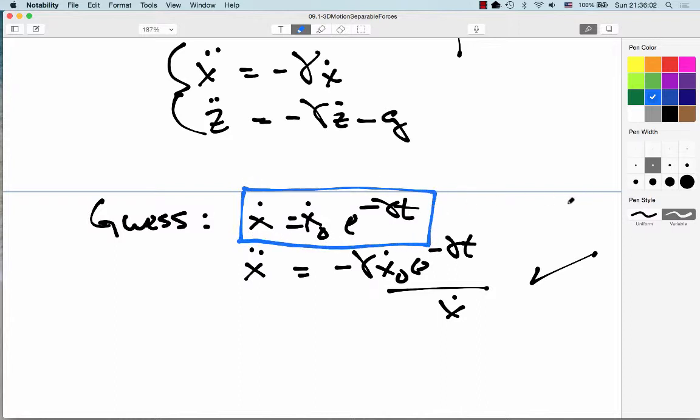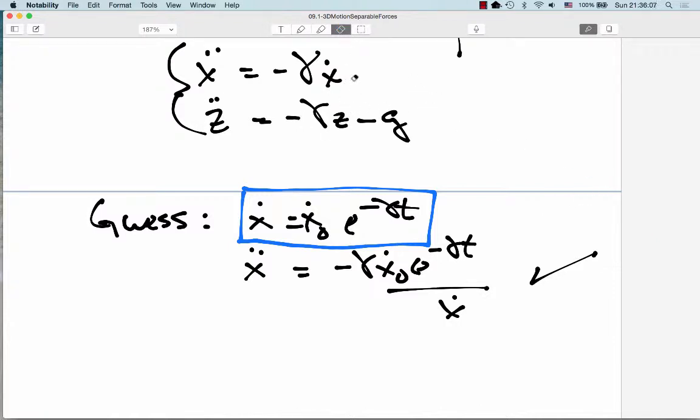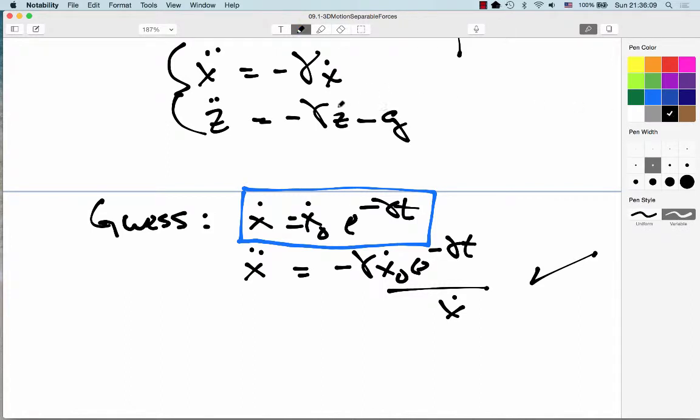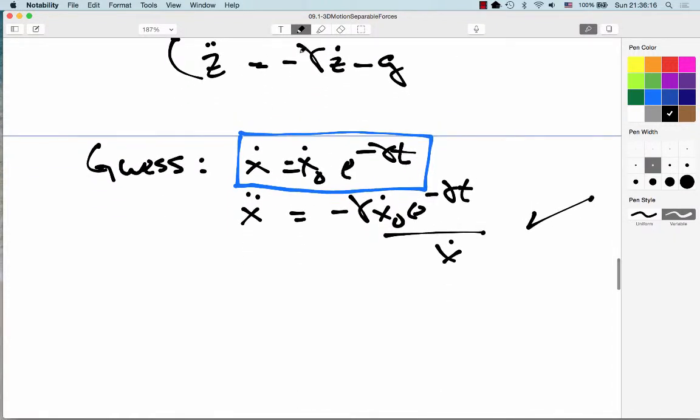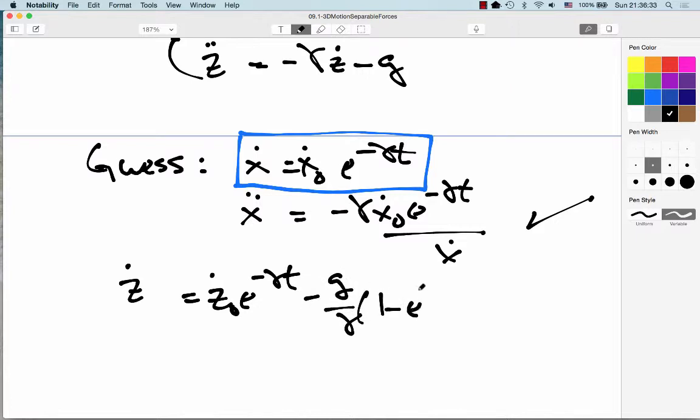Okay, the equation for z dot here is going to be a little more gruesome, but not too bad. So my guess for z dot is something like z dot equals z naught dot e to the minus gamma t minus g over gamma times 1 minus e to the minus gamma t.